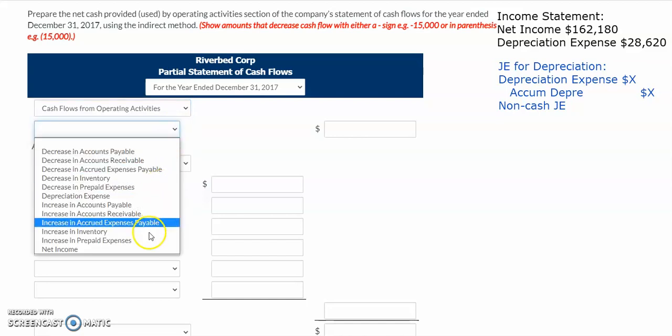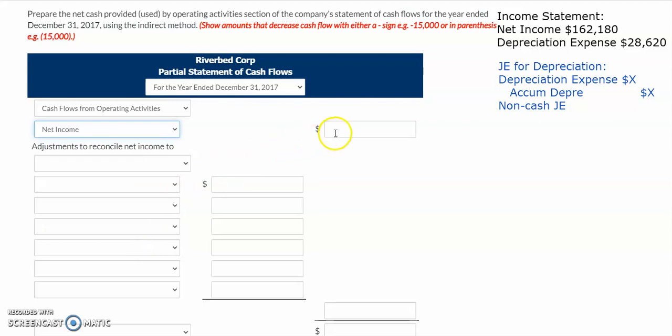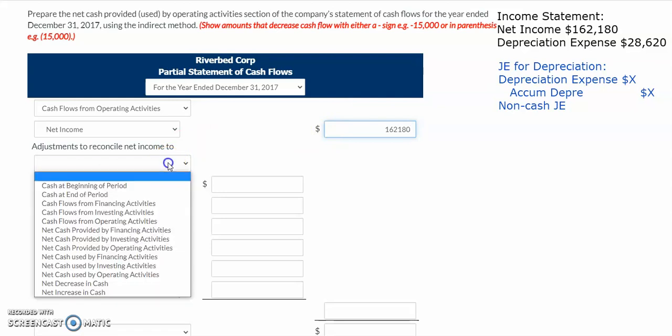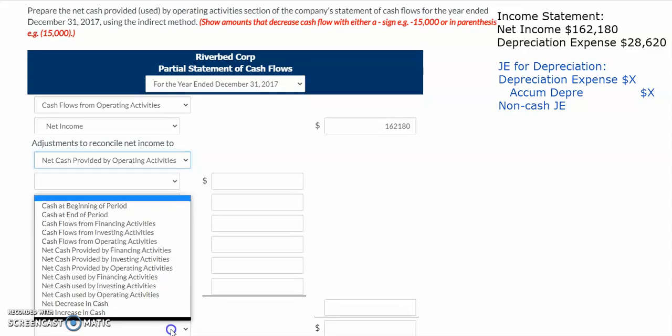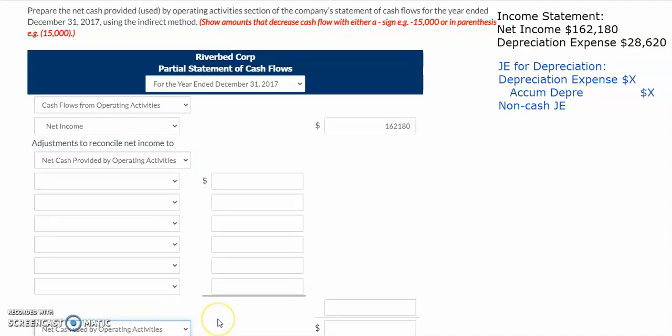And with the indirect method, my beginning part will be our net income, which will be $162,180 in my example. Then I'm going to have some adjustments to reconcile net income to the net cash provided by operating activities, because at the end of this entire process, I want to determine the actual net cash provided or used by the operating activities.